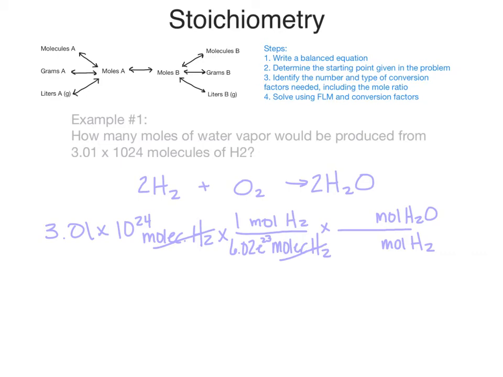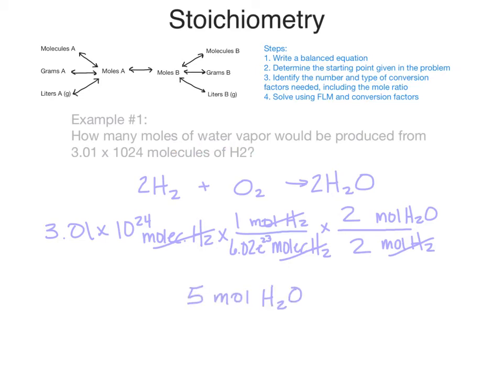So those coefficients are what I'm going to put into my mole ratio conversion step. So I have 2 moles of H2, and that is going to produce 2 moles of H2O. So my moles of H2 cancel, and I'm left with my moles of H2O, which is what I was trying to solve for.